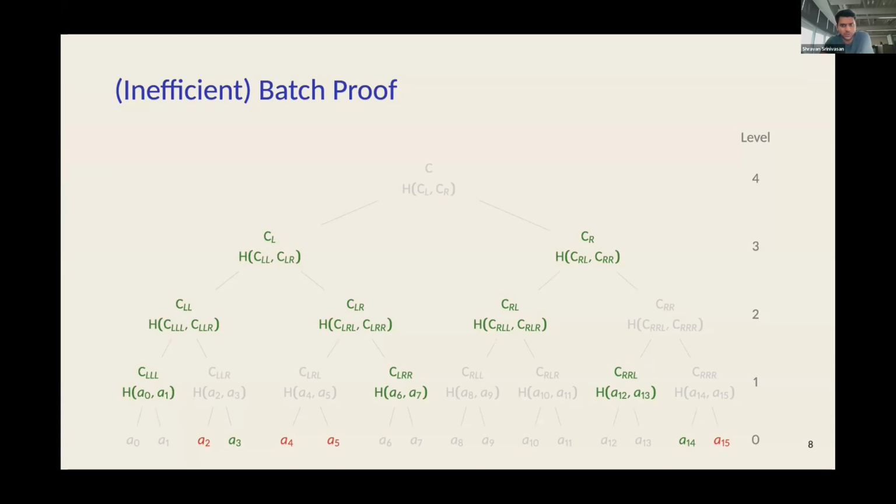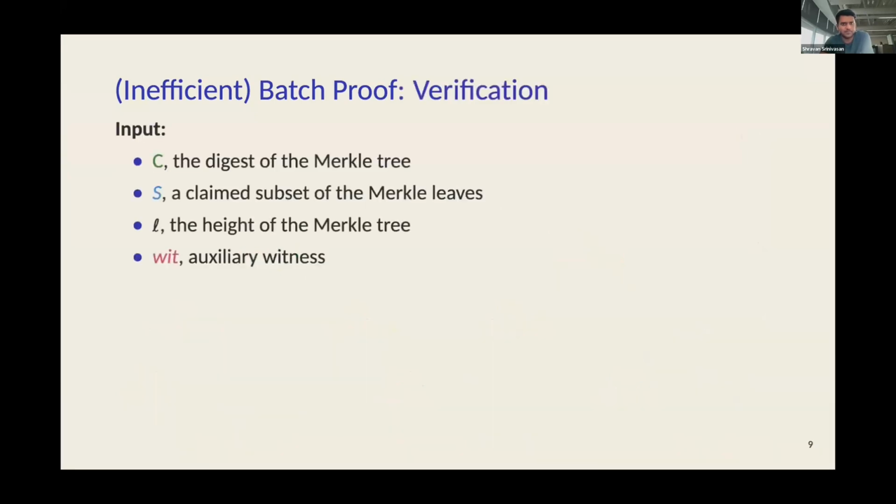Once you have these naive proofs, we need to verify if this batch proof is valid. Any batch proof verification algorithm broadly takes in a certain set of inputs. First, the digest of the Merkle tree. Then a set S, the subset of the claimed elements in this Merkle tree, and some characteristic of the tree, in this case the height of the tree, and some sort of auxiliary witness.